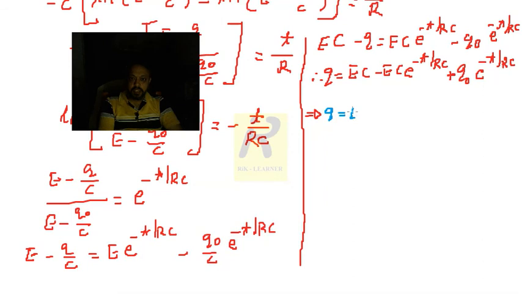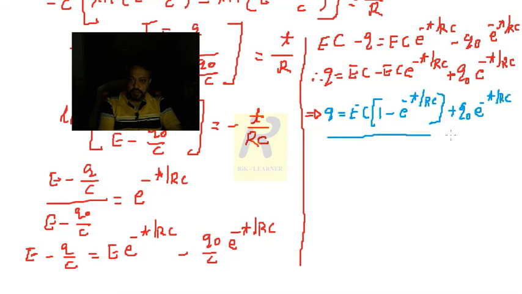I can take out EC outside, and inside the bracket I can write 1 minus e power minus t by RC, plus Q0 into e power minus t by RC. So this is my final result.